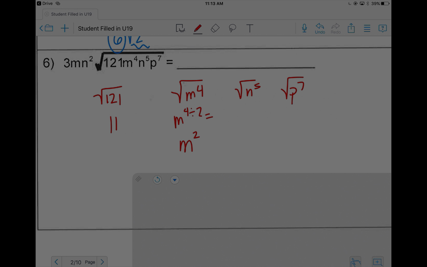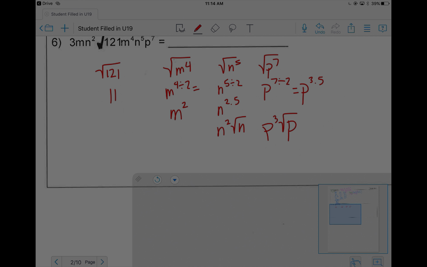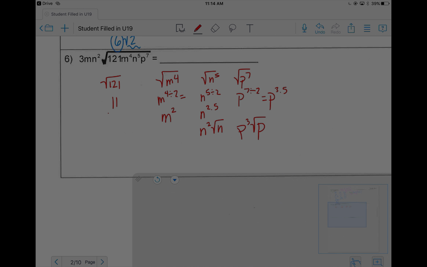So we stop there. 5 divided by 2 is 2.5, so 2 comes out. 0.5 means 1 stays in. 7 divided by 2 is 3.5. 3 comes out. 0.5 means 1 stays in. So I have 11 m squared n squared p cubed outside, and then n and p under the square root.